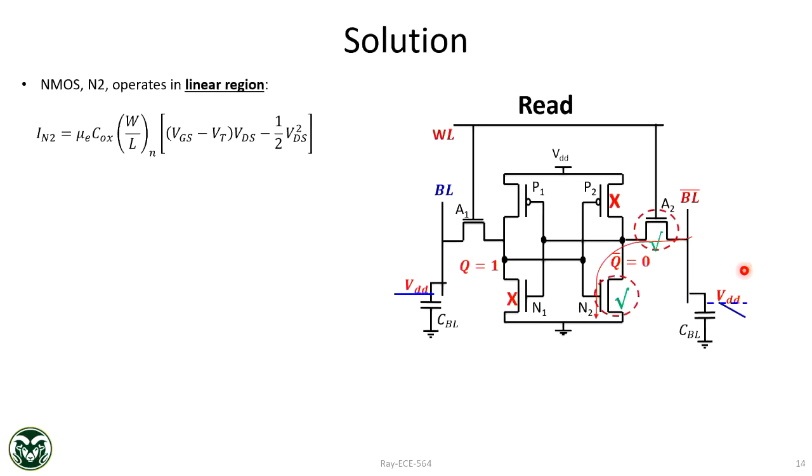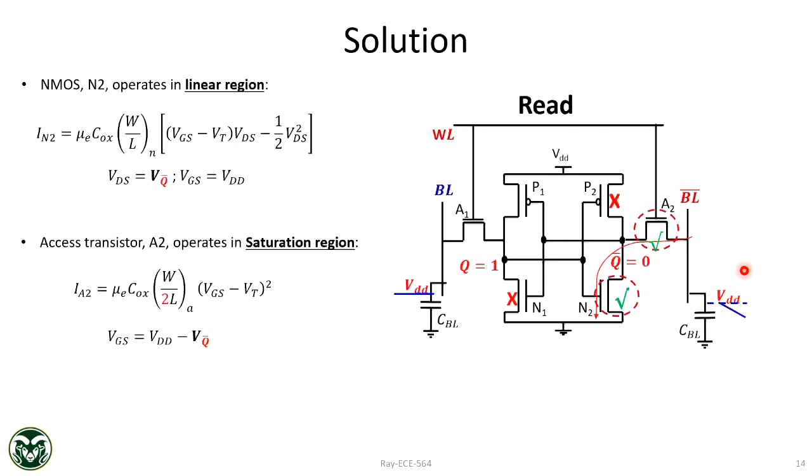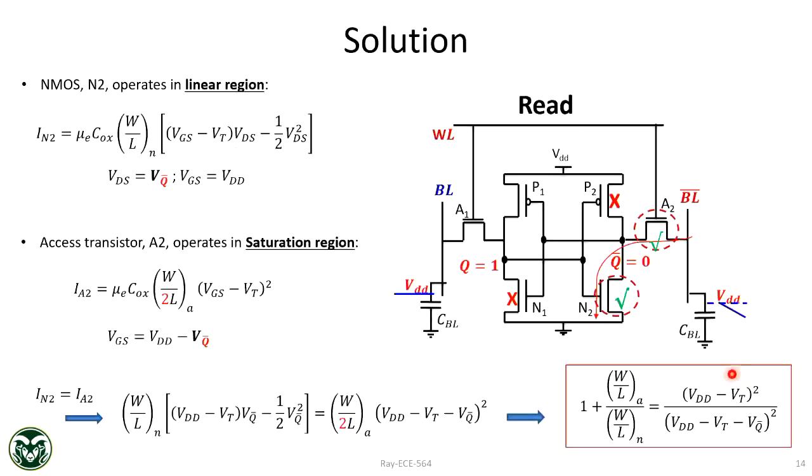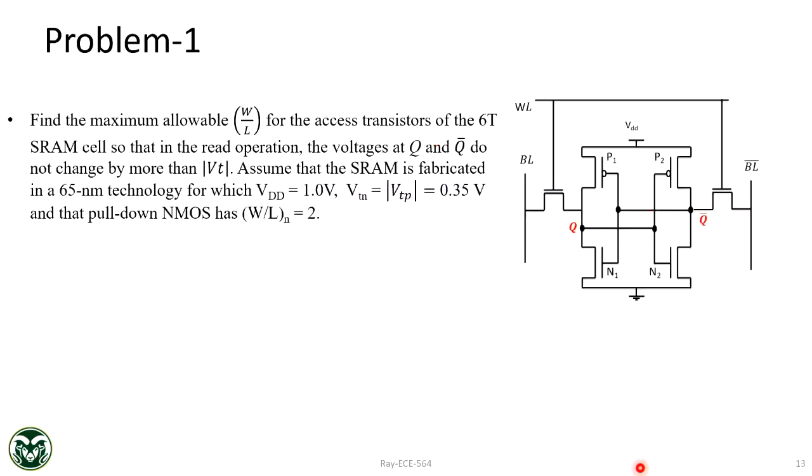So this is what all the equations are derived for, and this is your starting point: W by L of the access transistor. For this problem we know VDD, for example, 1 volt, the supply voltage.